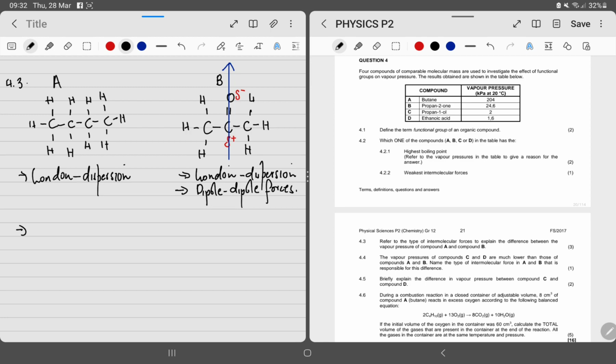So the dipole forces are stronger than the London dispersion forces.